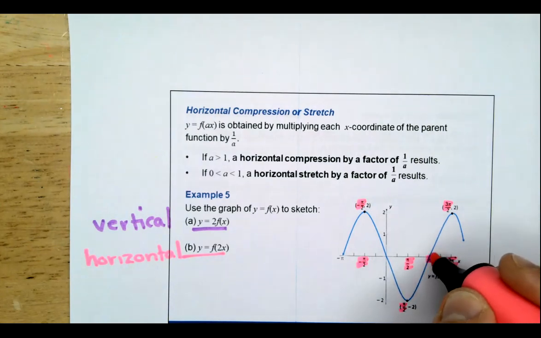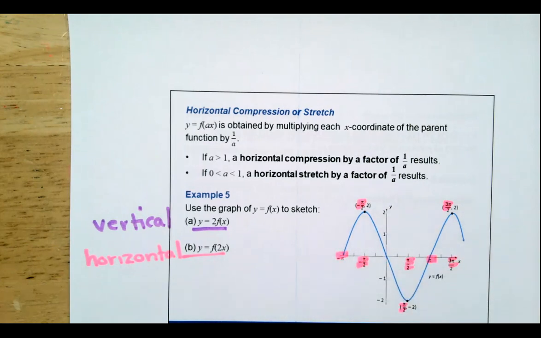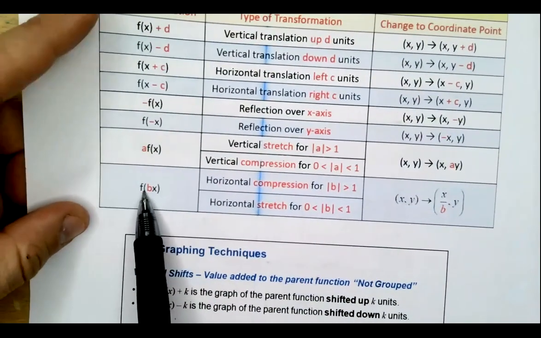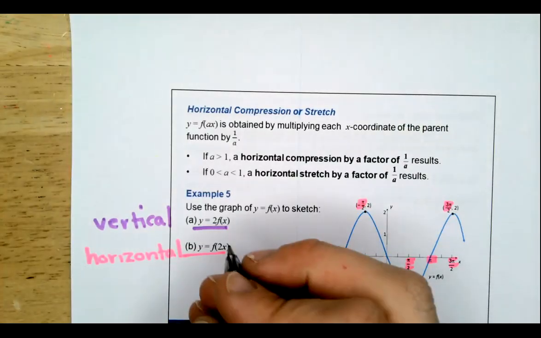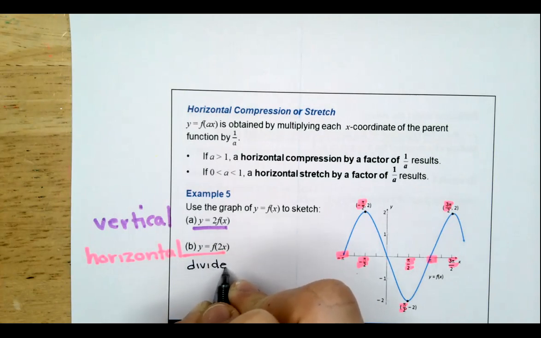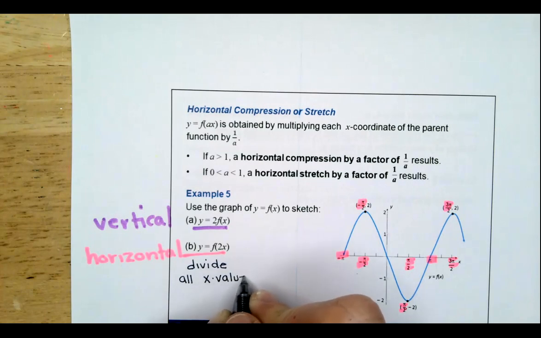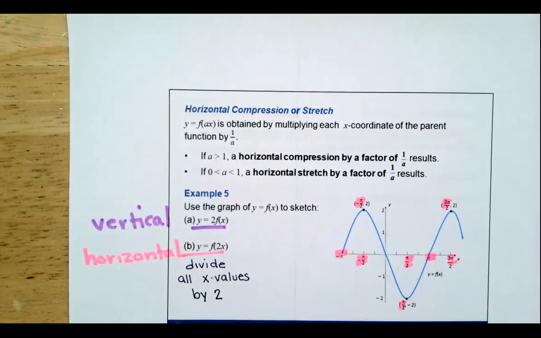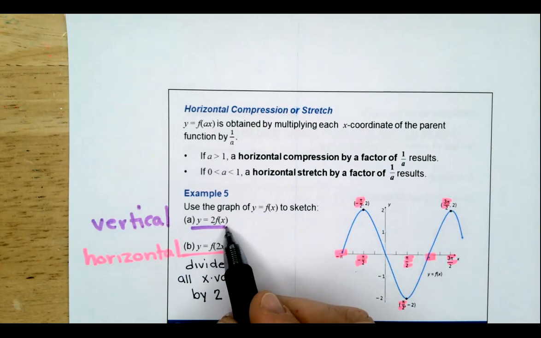Okay, even this guy, pi, 0, 0, it's not really going to change, and negative pi. Those are going to be, when we look at this, f of b of x means we're taking x and dividing it by b. So we're taking all of those and dividing by 2. Divide all x values by 2. And as you can imagine, for the vertical stretch, we're going to multiply all y values by 2.